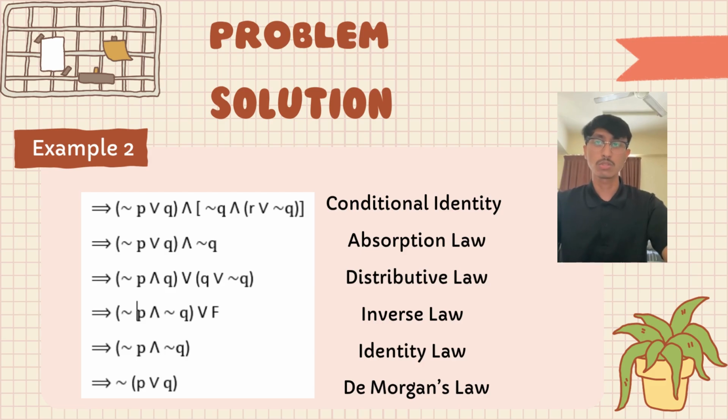So the expression will be open bracket not P and not Q, close bracket. Lastly, we will be using De Morgan's law, and you will get not open bracket P or Q, close bracket. That's the end of the explanation for example 2.